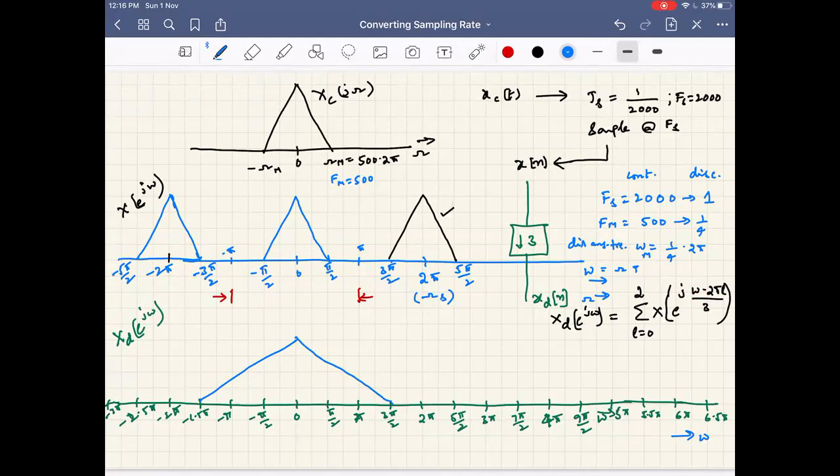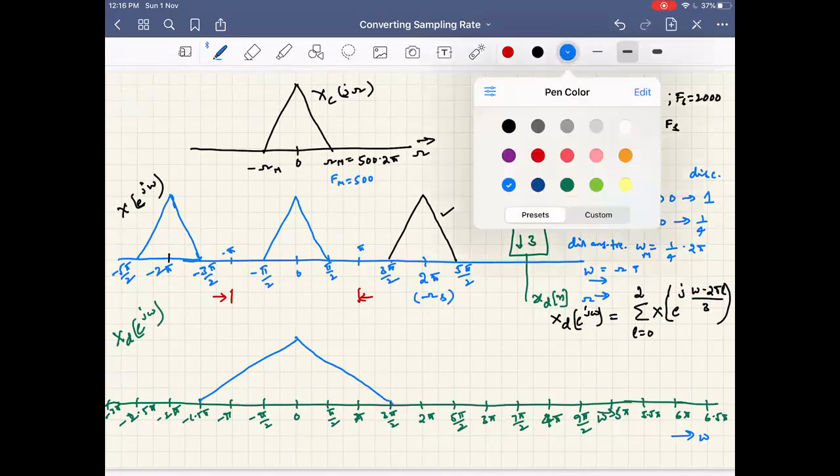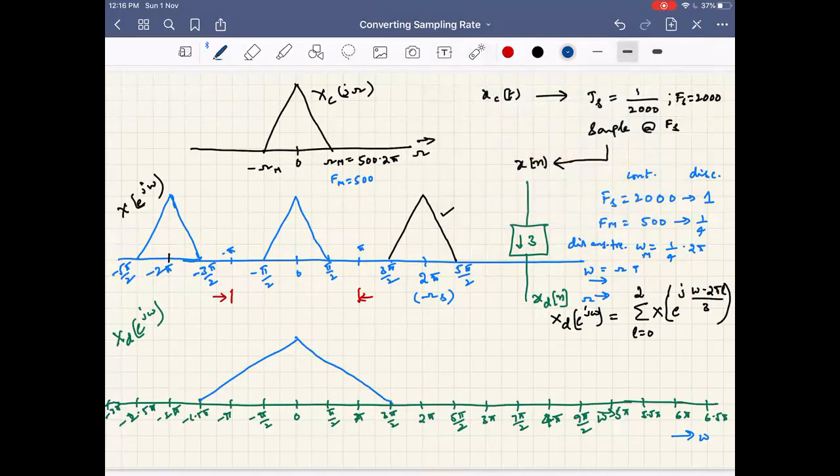Now, where is the repetition? First repetition of this base spectrum happens. Let's show with a slightly different blue. So where does the repetition of this base spectrum happen? At 2 pi. It has to repeat, because you can write here omega minus 2 pi L over 3. So it should be repeated at omega minus 2 pi, and it has again to be stretched by 3.